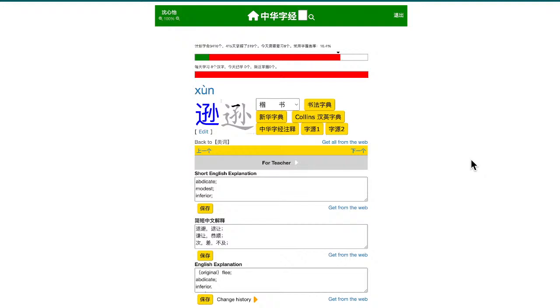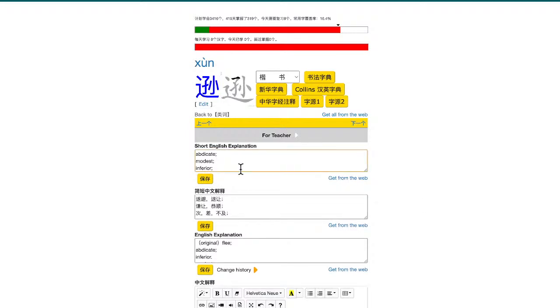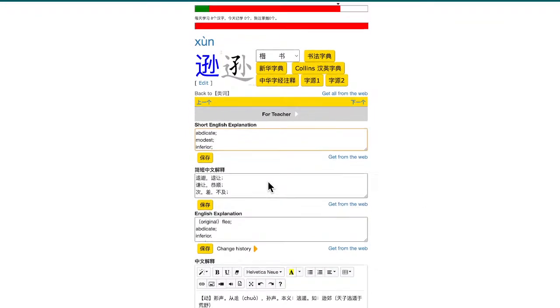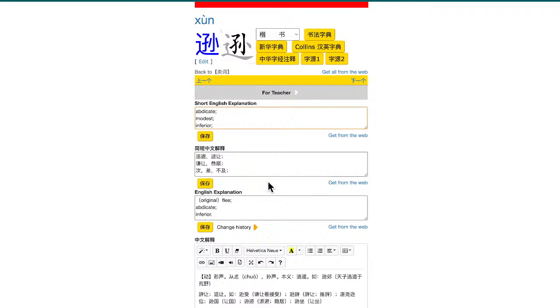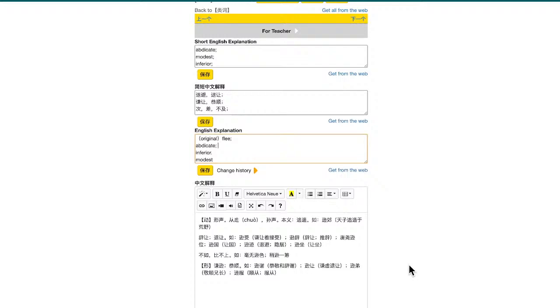And the next one is 训. It means abdicate, modest or inferior, abdicate, flee. The very original meaning of this character is flee, run away.